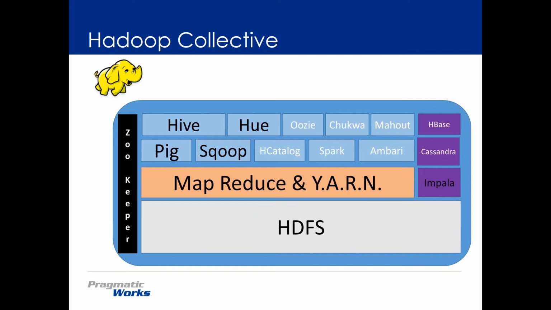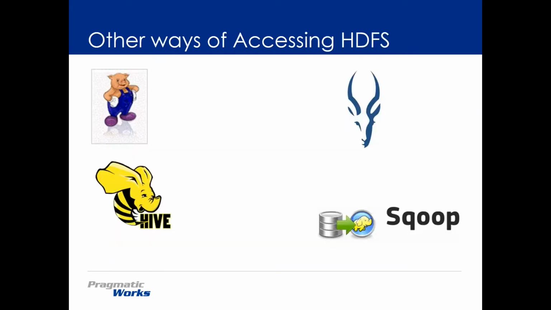So that's just some of the portions of Hadoop because it does contain a lot of it, and we're actually only going to be talking about accessing data from the HDFS cluster with Polybase. There are other ways you can access data, which is kind of what Polybase builds upon, which is Pig, and Pig writes a schema over the top of it.